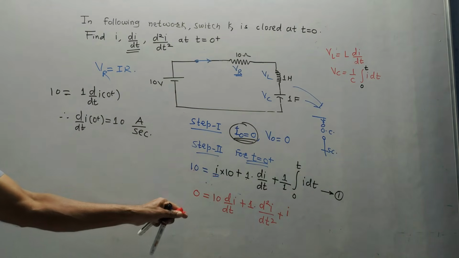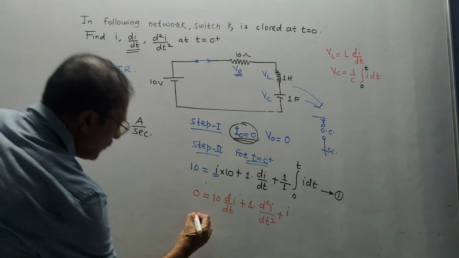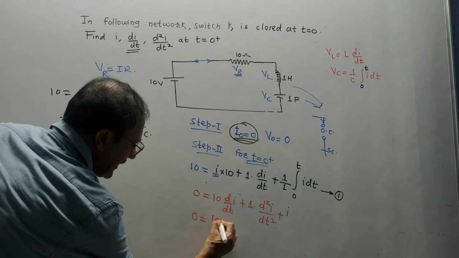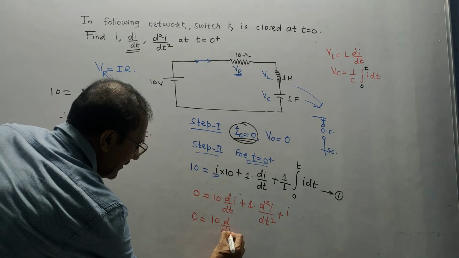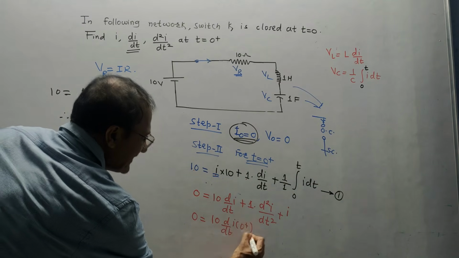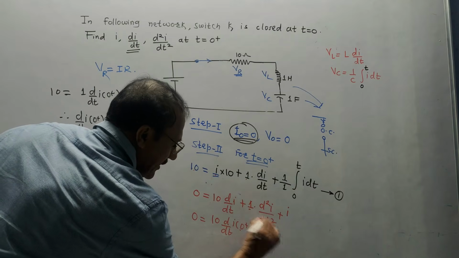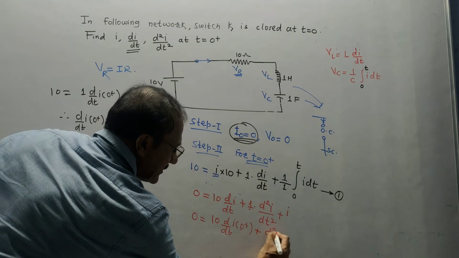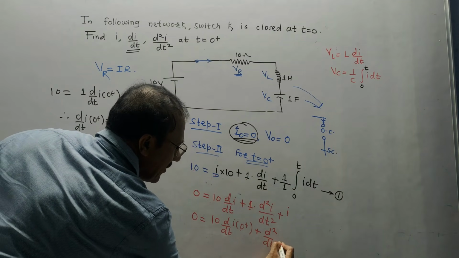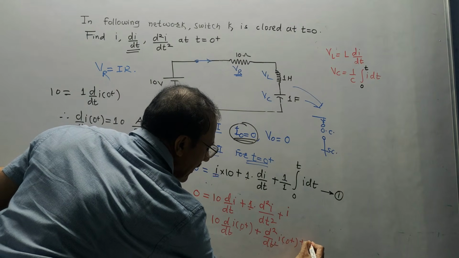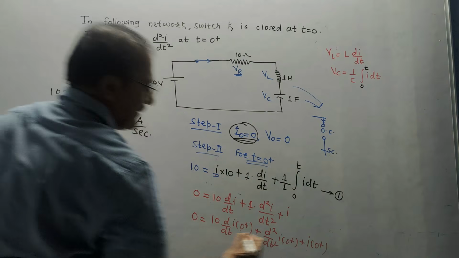Now we want to do the calculation for 0 plus. So for 0 plus, I will write it like this. 0 is equal to 10 d by dt of I of 0 plus, plus 1 d square by dt square of I of 0 plus, plus I of 0 plus.